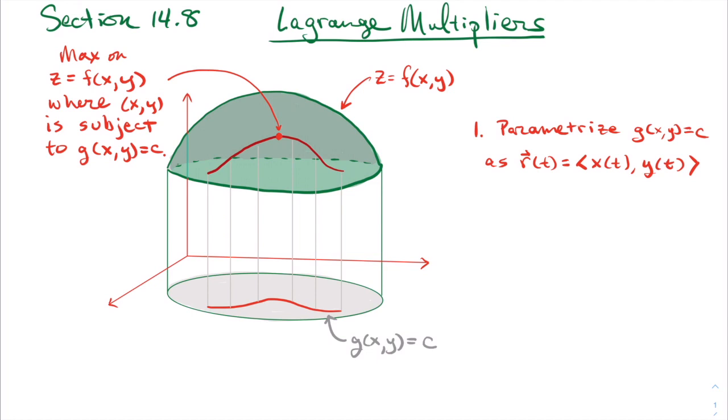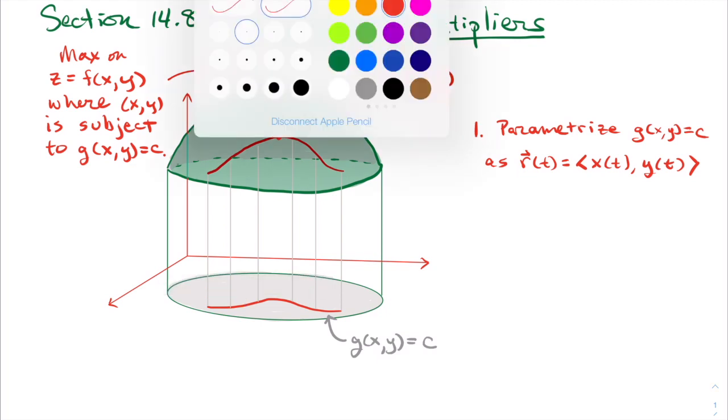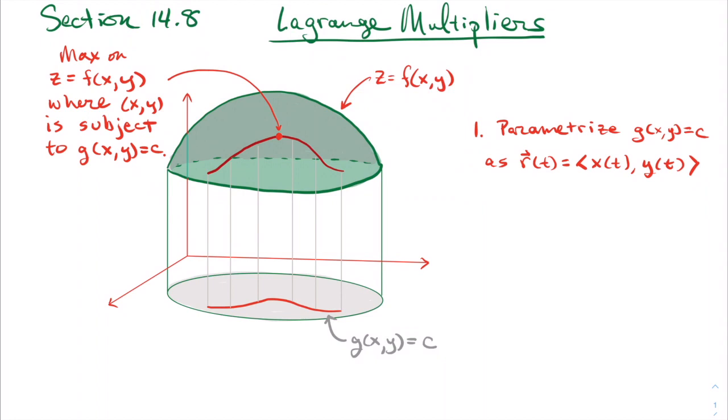By parameterizing that, basically what you're doing is saying every point on this g of x, y equals c, here's one point, is an x of t, y of t. So let's just say that point right there is x of t, comma, y of t.